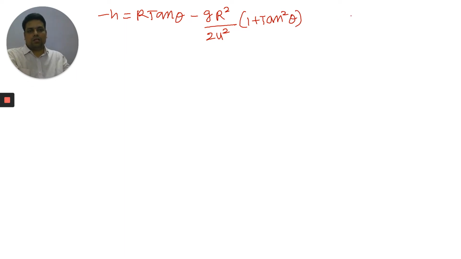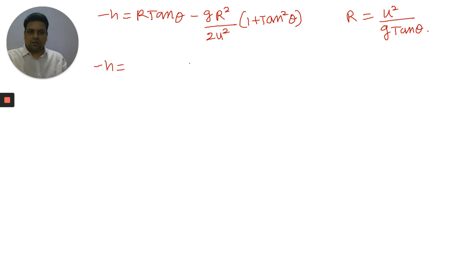And we got range as u square by g tan theta. Of course, we can put theta in terms of r, but generally r won't be given. Most of the times h would be given. In terms of h, if I want theta, then how? Then I will eliminate r. So I'll get what? Minus h.